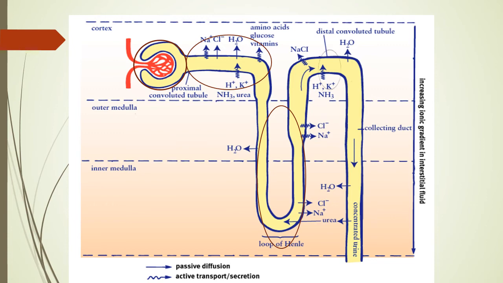Okay. Next part, distal convoluted tubule, again the same kind of action as the proximal. Then the collecting duct, here is another set of control regarding the water content, to concentrate the urine or to maintain the body balance, the body equilibrium of water, means homeostasis.